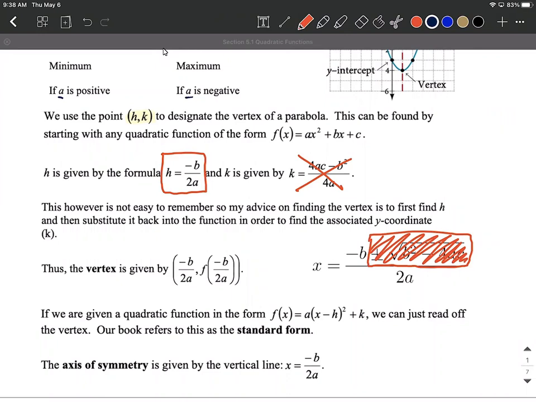After we find that x value, we take it, which is going to be a number, and plug it back into the function to get our y value that goes with it. So you don't really need to worry about a second formula to find k.